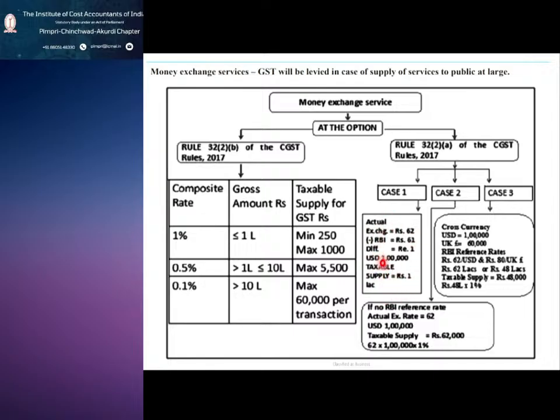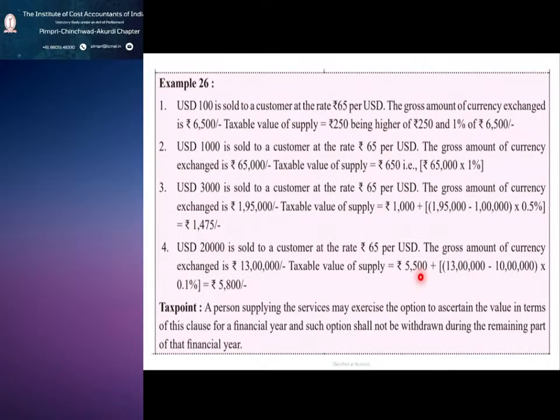So in case 1, if the exchange rate is 62, RBI is 61, take the difference, and for what value you are exchanging. If it is 1 lakh, then the taxable supply is 1 lakh, right? So you are exchanging 1 lakh USD, so your taxable supply is 1 lakh. If we have a similar example, we can have a look.